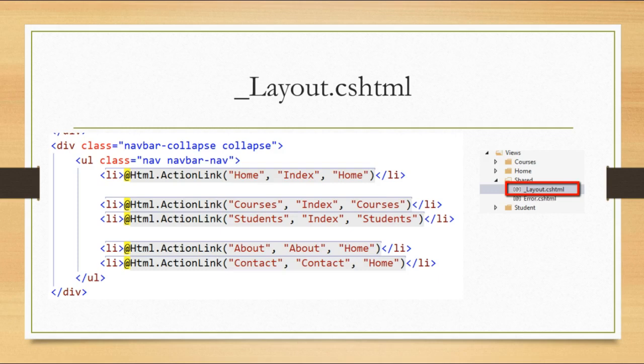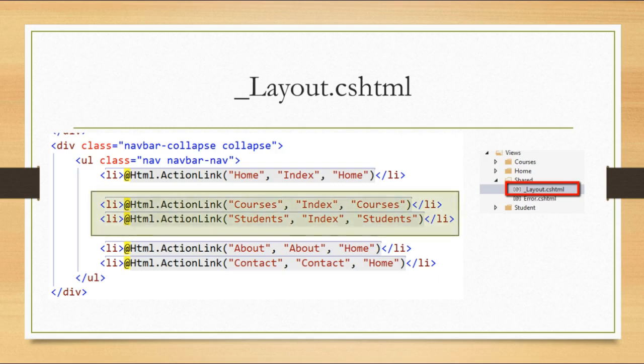Then I'm going to go to my layout file, and I'm going to modify my menu. I'm going to add a couple of action links for courses and for students. Again, this is in my layout under views, shared, layout. I'm modifying my menu.